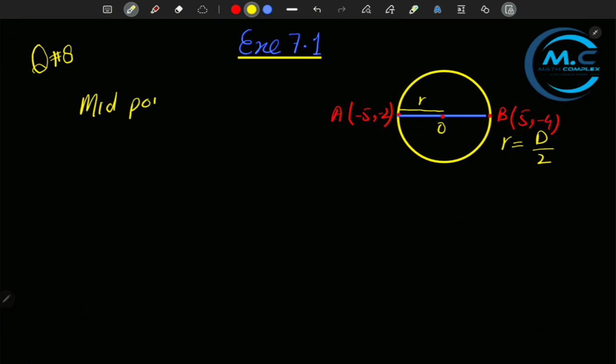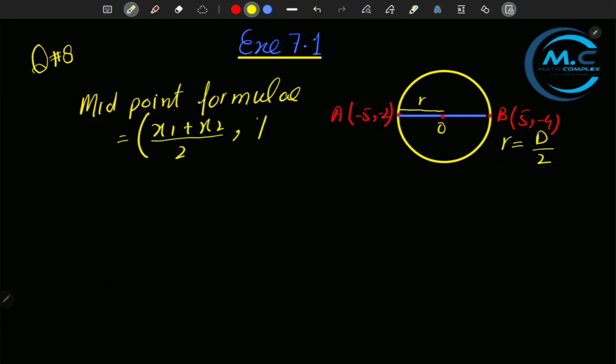Midpoint formula: x1 plus x2 over 2, y1 plus y2 over 2.